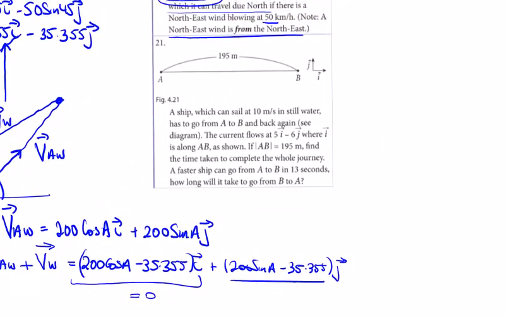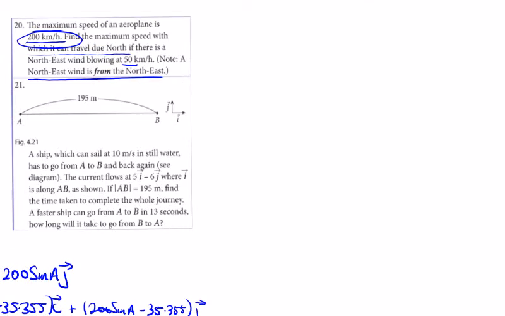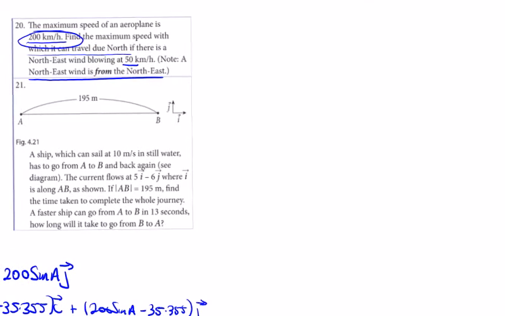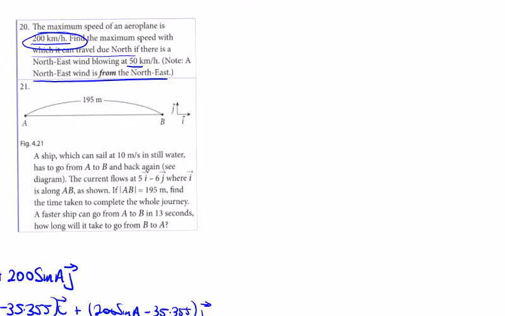Okay, question 21. So a ship can sail 10 meters per second in still water, has to go from A to B and back again, and the current flows at 5I minus 6J, so positive, negative in that direction. So this ship is going to need to go in this direction to get back down to the I component, and it can go at 10.